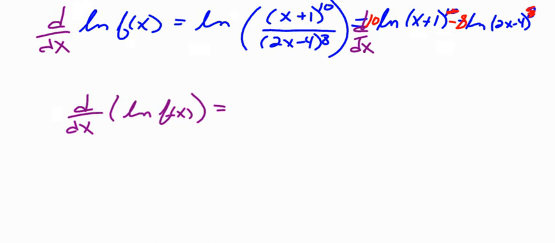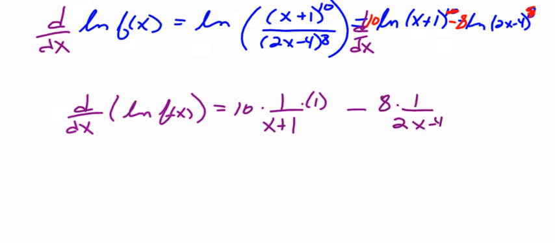So from there, I can see that it should be 10 times 1 over x plus 1. Chain rule would just be a multiplying by 1. And then minus 8 times 1 over the 2x minus 4. Chain rule says multiplying it by 2. And then I can keep going.